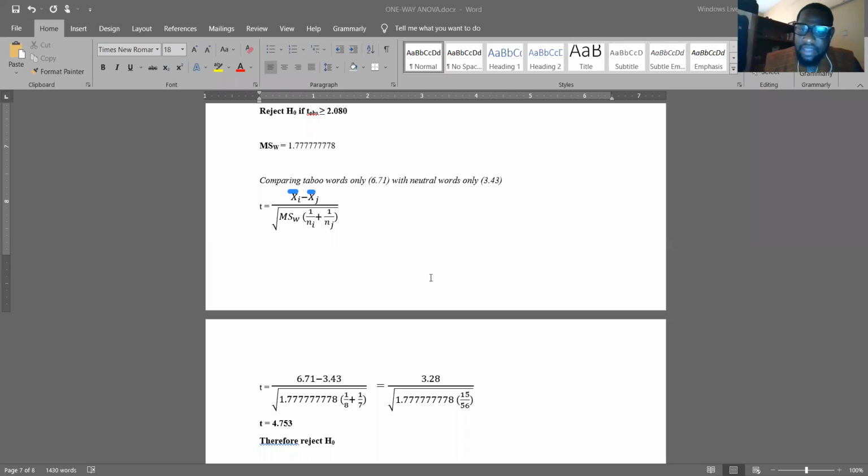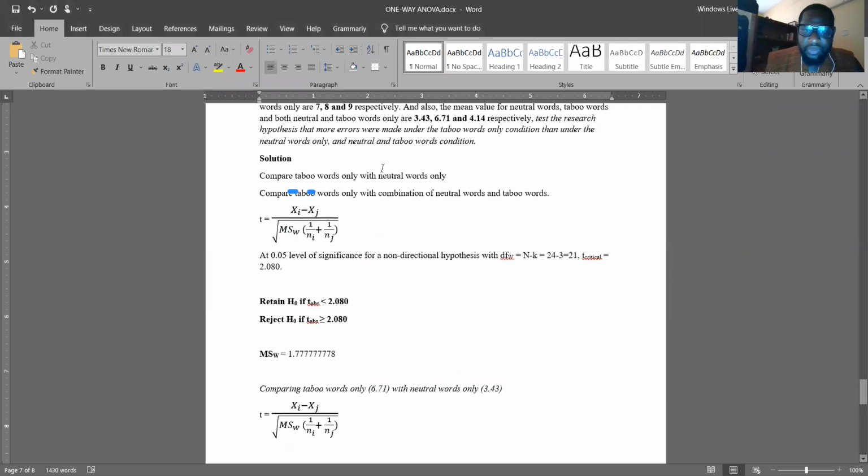6.71 minus 3.43 over square root of, we know mean square for within to be 1.7778, and that's what is here, into bracket 1 over n1. The n1 that you see there is for the sample size for the first value there, which is taboo words.